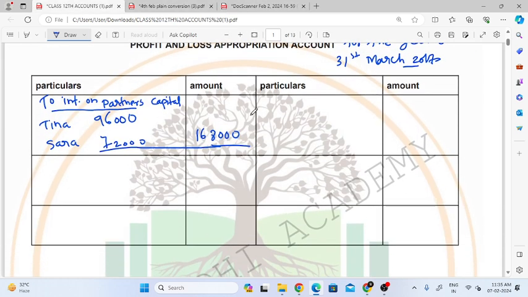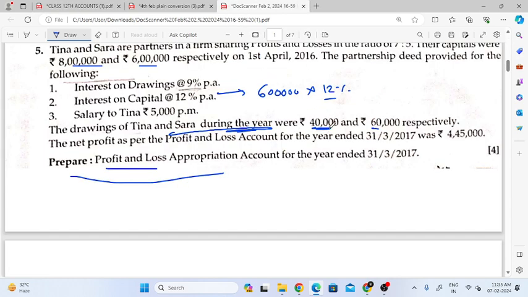Now, interest on drawings of both the partners, Tina and Sarah. So Tina's is how much? Tina they have given as 40,000.